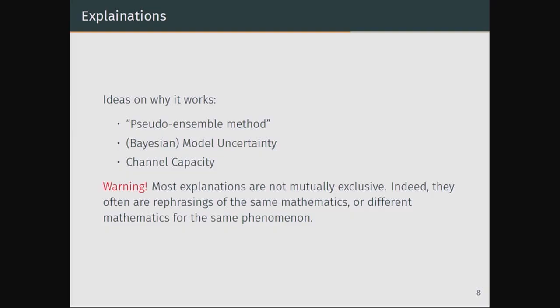We can both believe the model uncertainty, the model selection idea, and also this channel capacity idea, and perhaps even pseudo-ensemble methods, and some of the stranger biologically inspired ideas that they proposed. We can believe many of them, or all of them actually, at the same time and still use dropout. It's just one way of looking at the world.